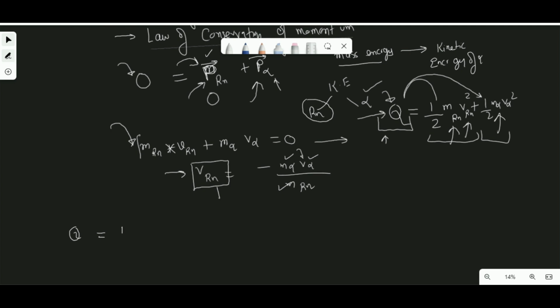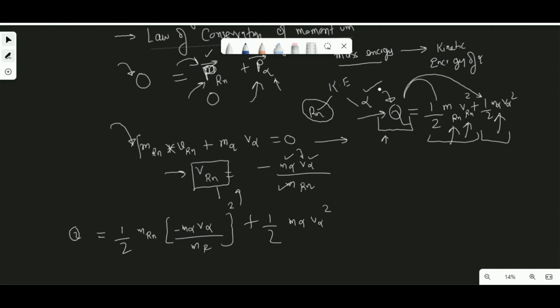And then we know half m Rn. Let's substitute the value here, which is minus m alpha v alpha divided by m Rn, square, plus half m alpha v alpha square.